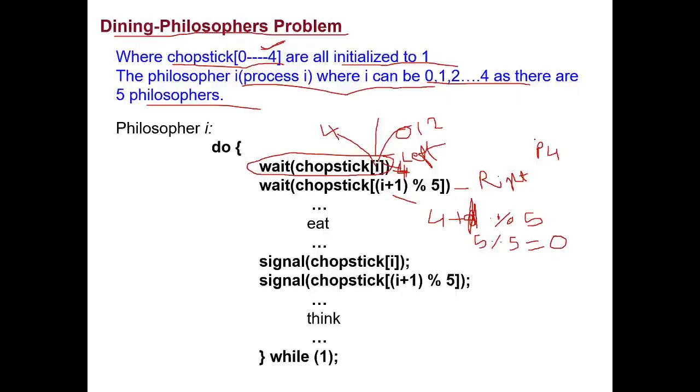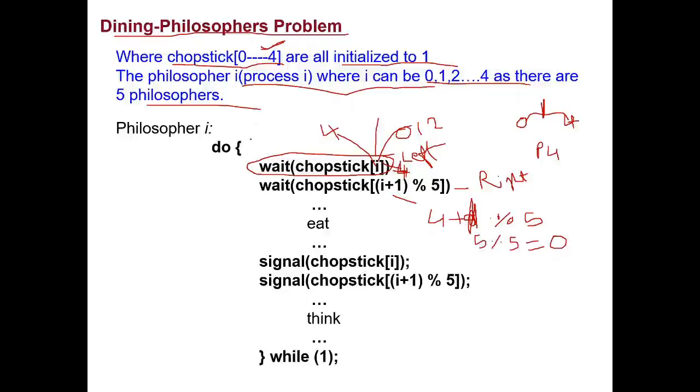So process 4 is going to acquire the 0th position chopstick and the 4th position chopstick. This is the left and this is the right.